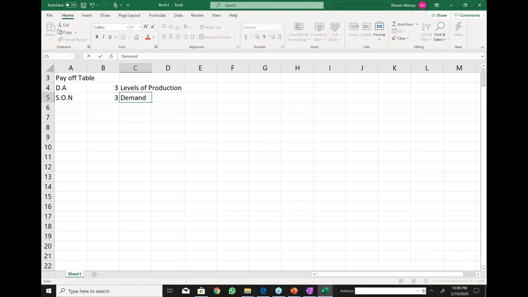So what are we required to do? 3 multiplied by 3 means how many outcomes do you have here? 9 outcomes. So your table will show 9 outcomes. 3 threes are 9.